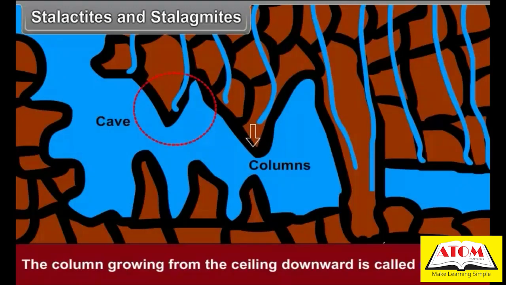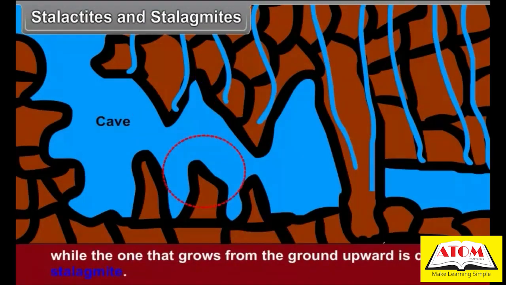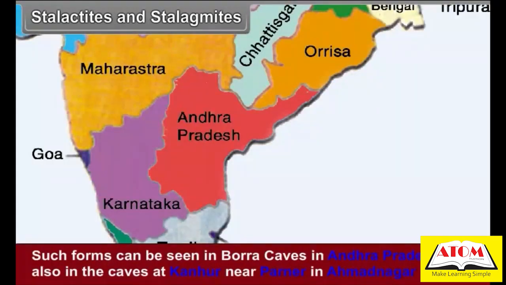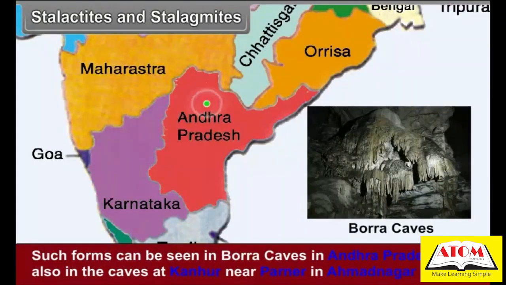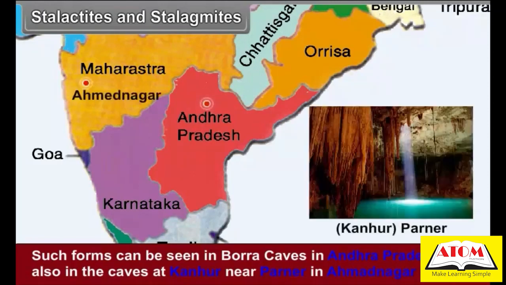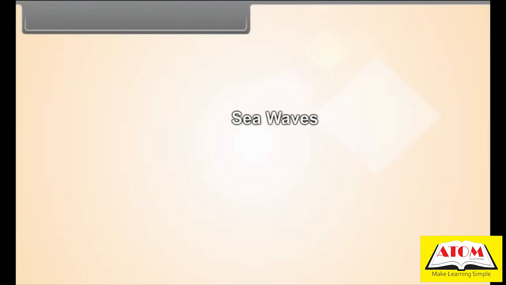The column growing from the ceiling downward is called stalactite, while the one that grows from the ground upward is called stalagmite. Such forms can be seen in Borra caves in Andhra Pradesh and also in the caves at Kanhur near Parner in Ahmednagar district.